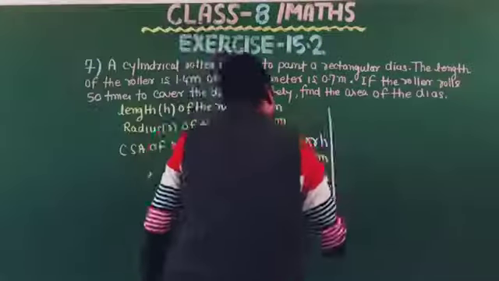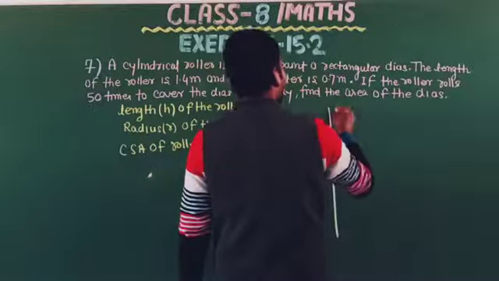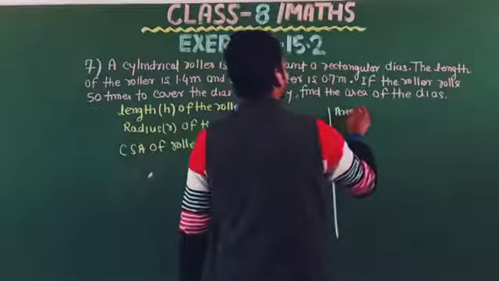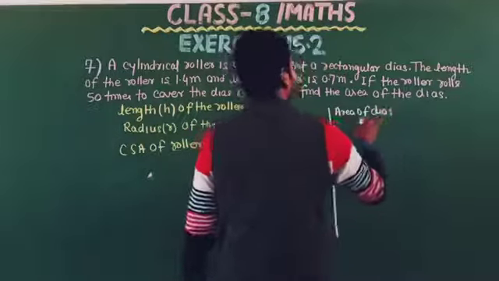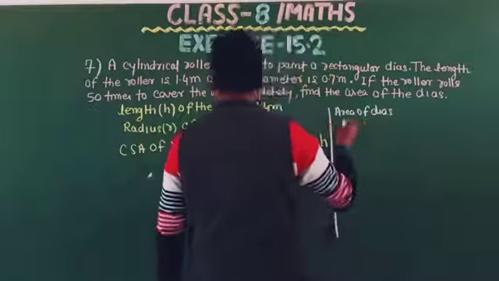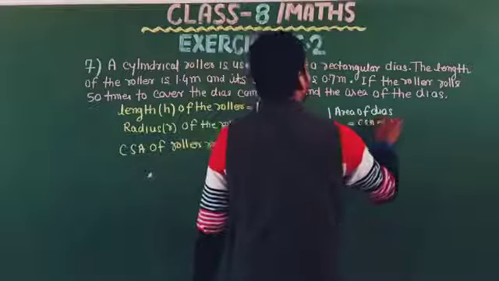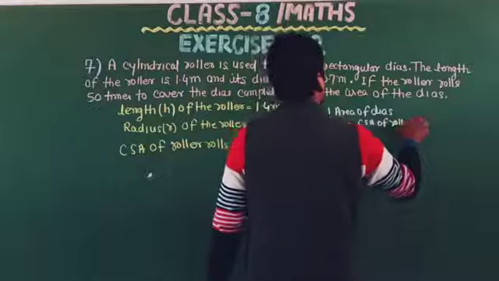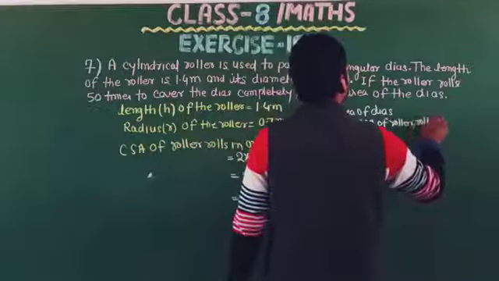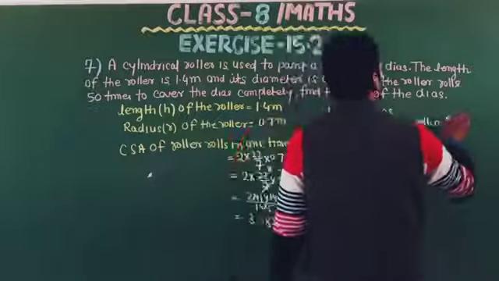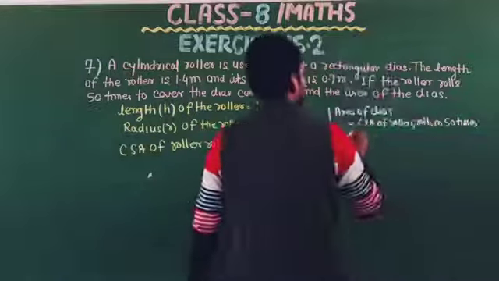Therefore area of dash is equal to the curved surface area of the roller rolls in 50 times.